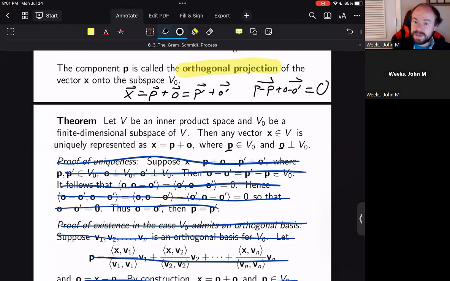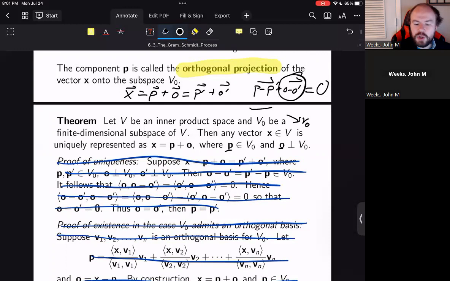Now, P minus P prime, that's an element in our subspace, V naught. And O minus O prime is orthogonal to that. So an intuitive way of thinking of this, and this is essentially how we're going to be proving this, is that P minus P prime has to be the 0 vector. Why does it have to be the 0 vector? Well, P minus P prime is going to be an element inside of our V naught space.